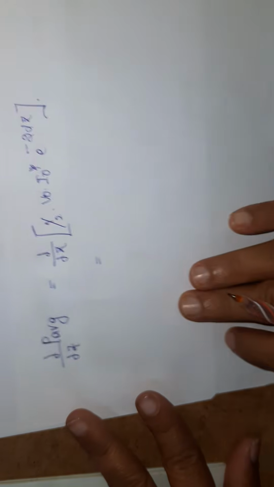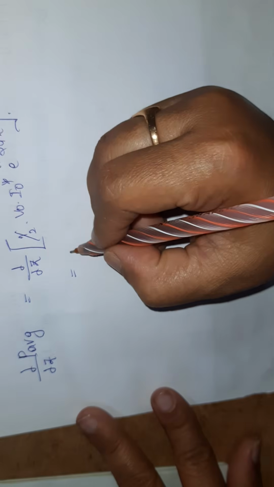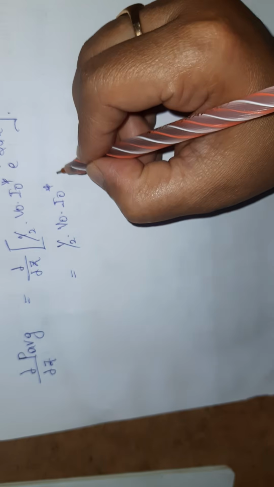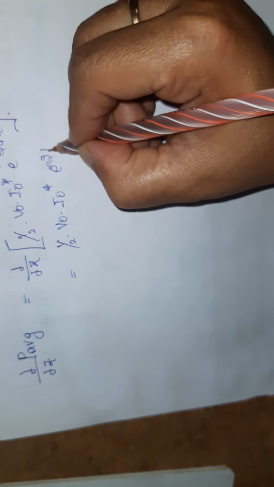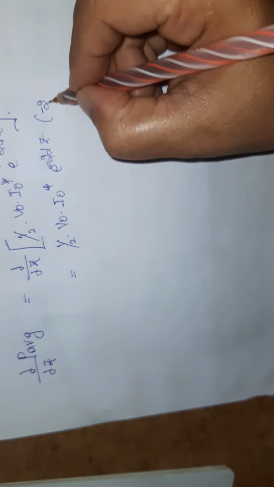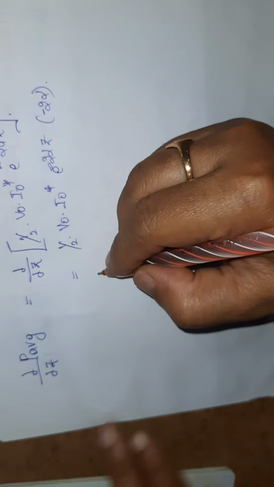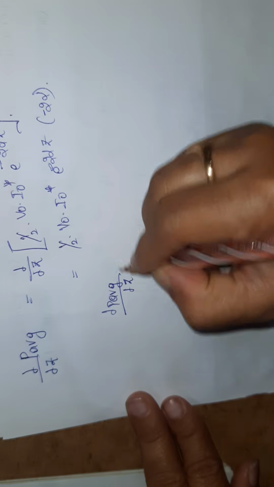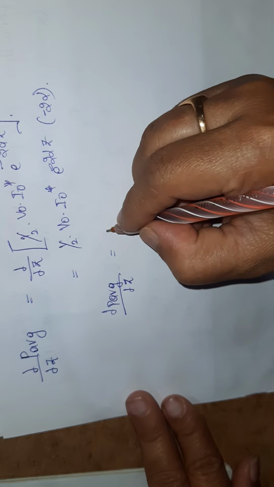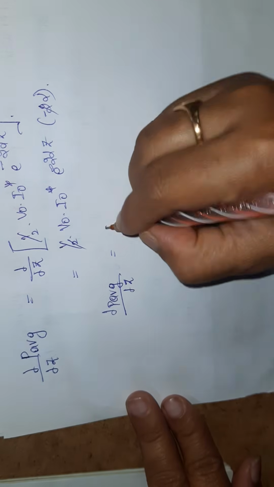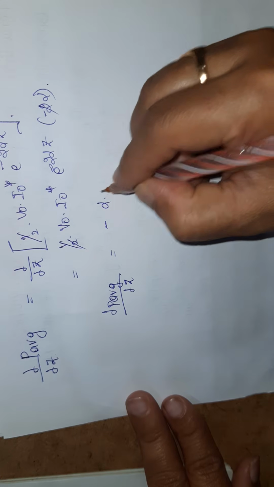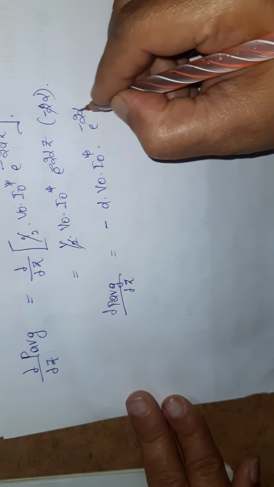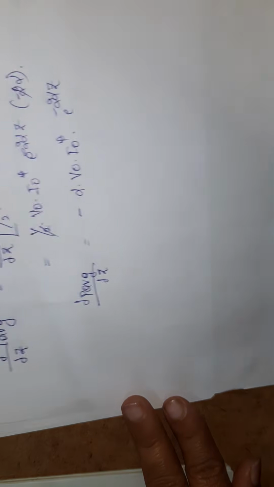Doing the differentiation, 1 by 2 V naught I naught star e power minus 2 alpha z into minus 2 alpha. So dou P average by dou z is equal to minus alpha V naught I naught star into e power minus 2 alpha z.